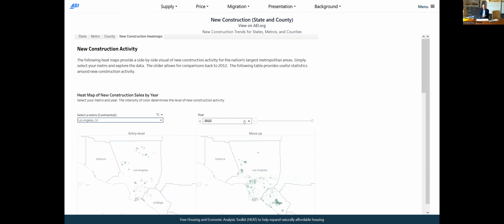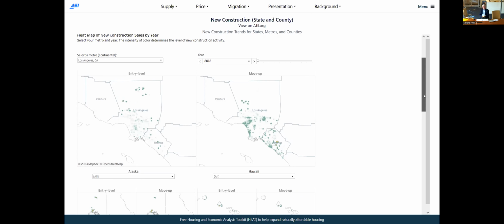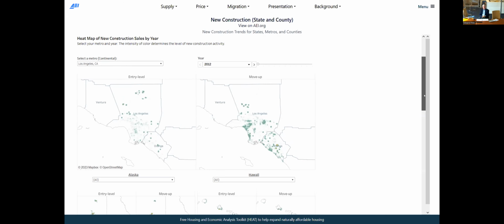So if you go to 2012 for Los Angeles, the left is entry level, and the right is move up, and you see there wasn't a whole lot of entry level being built in LA back in 2012. The move up is on the right. There was a lot more move up density, and density is shown by the color, how much green you see.